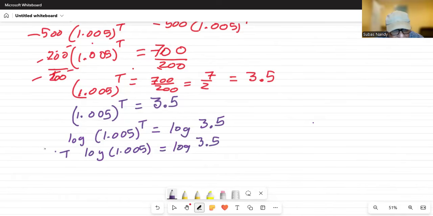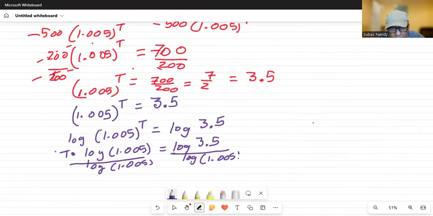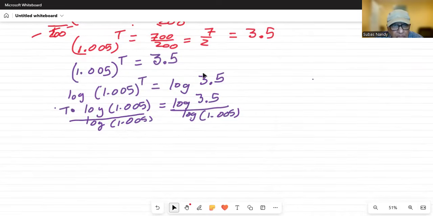Now this is t multiplied by the logarithm of 1.005, right? So I'll divide both sides by the logarithm of 1.005. On the left, since I divided by the logarithm, these terms cancel out.